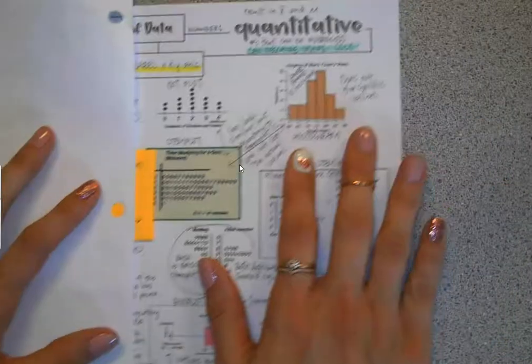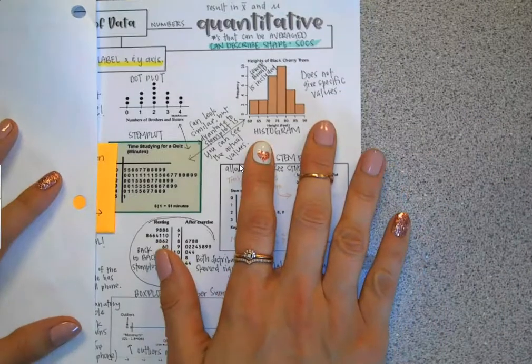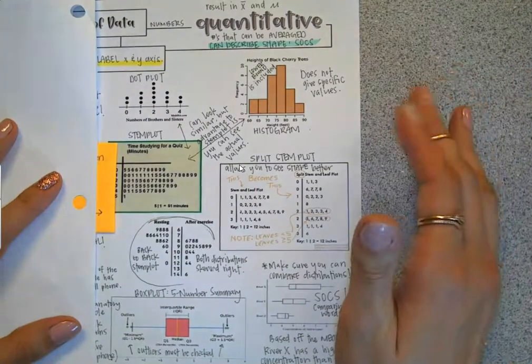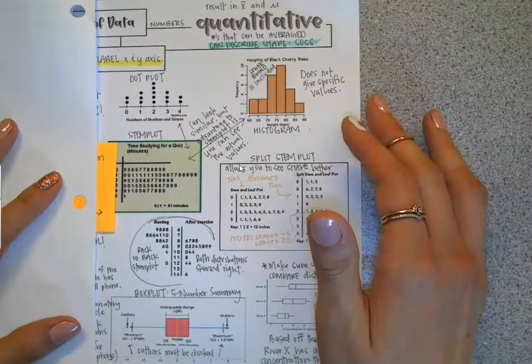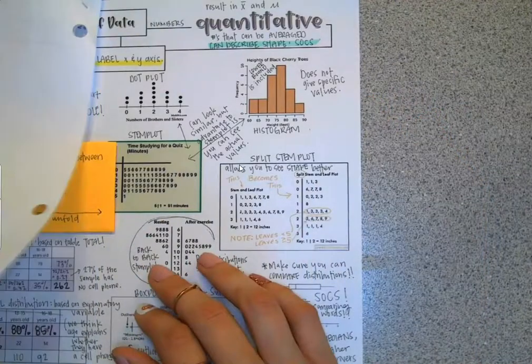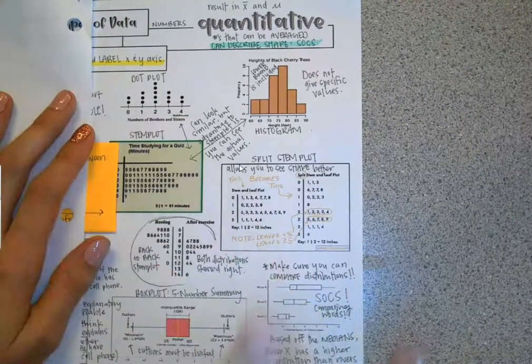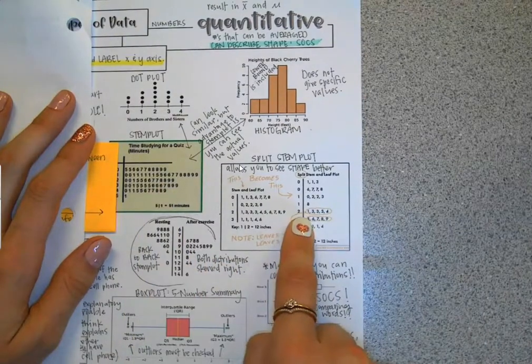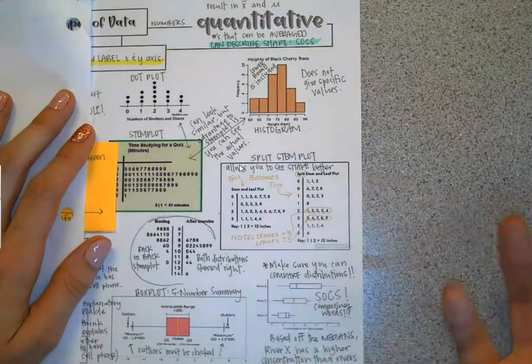For quantitative data, it's numbers. So these are numbers that you can find an average for. The other big distinction, and before I move on, sorry, you can see that especially like in your stem and leaf, the plot is made out of numbers.